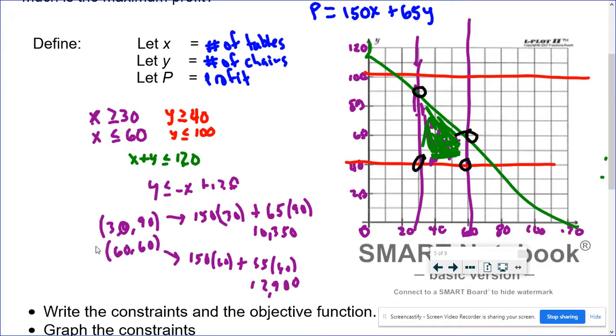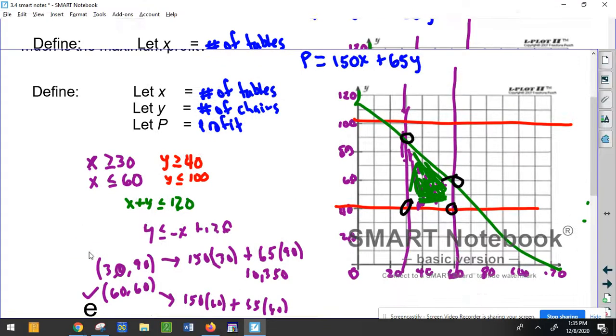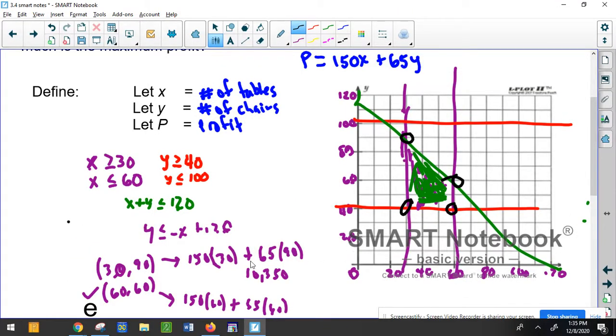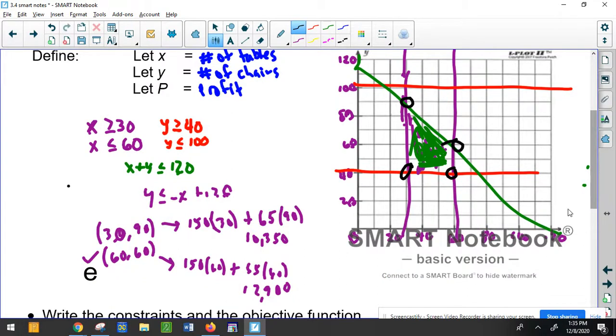So the answer is this one, right? The answer to the question is you're going to maximize your profit by making 60 tables and 60 chairs, and the maximum profit is $12,900.